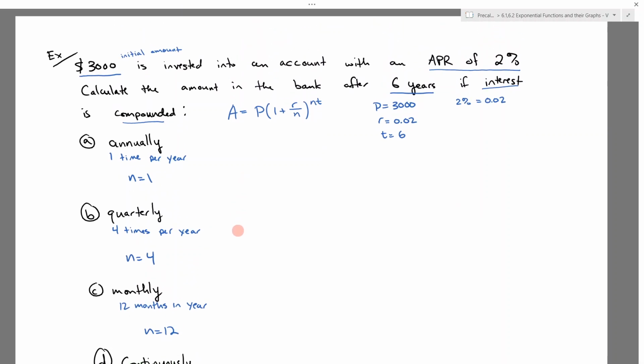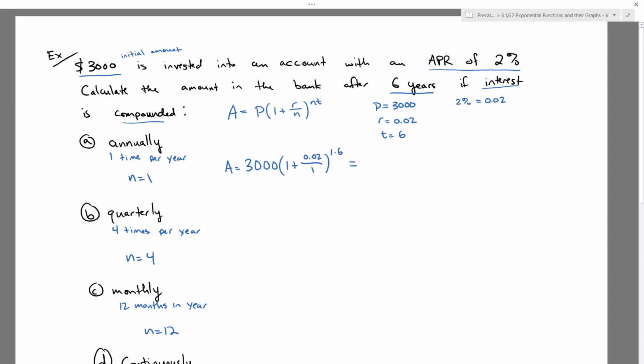Okay. So that means for each of these, we just plug N into the given formula. So we just plug in and calculate. So what do we have? A is equal to P, which is 3,000, times (1 plus R, which is 0.02, divided by N, which is 1), raised to the NT. So 1 times T, which is 6. Okay.